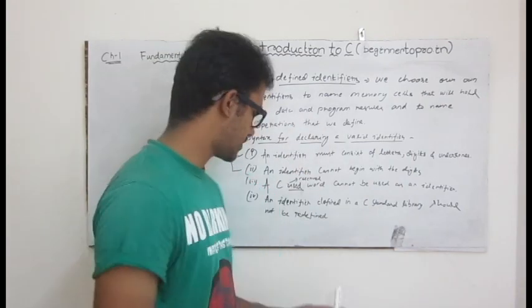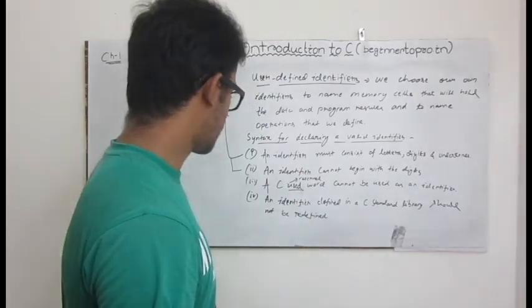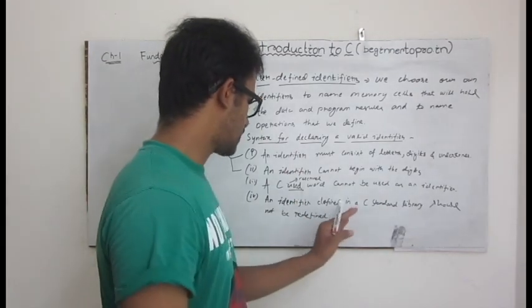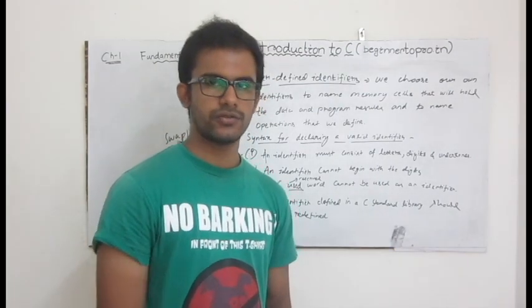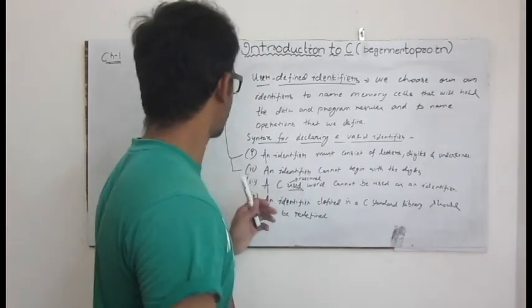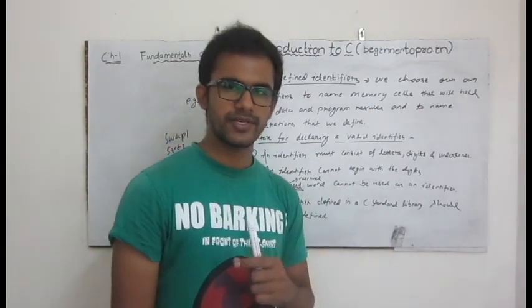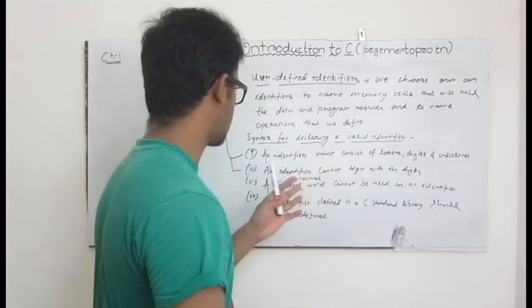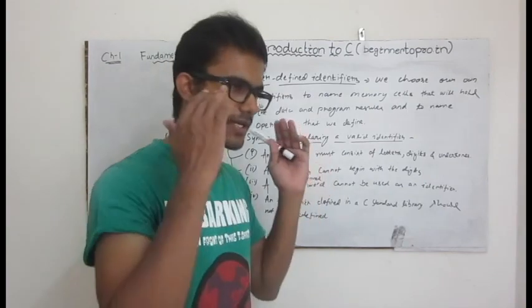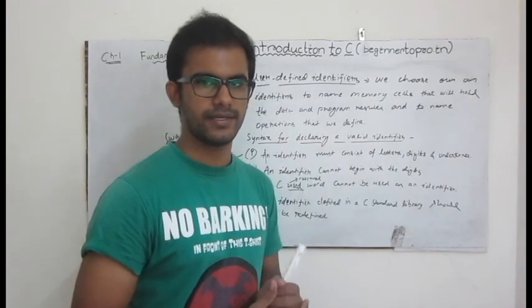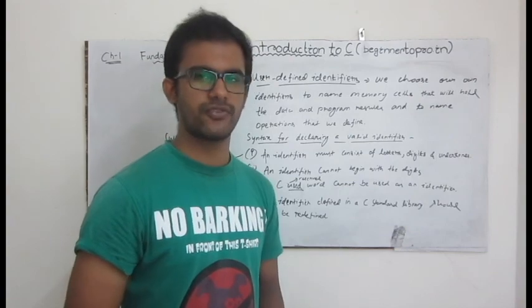So it's better to not use the identifier of the C standard library. In the next part, I will show you some of the identifiers which are violating these rules, so that you will get some idea on that. Let's move to our next part.